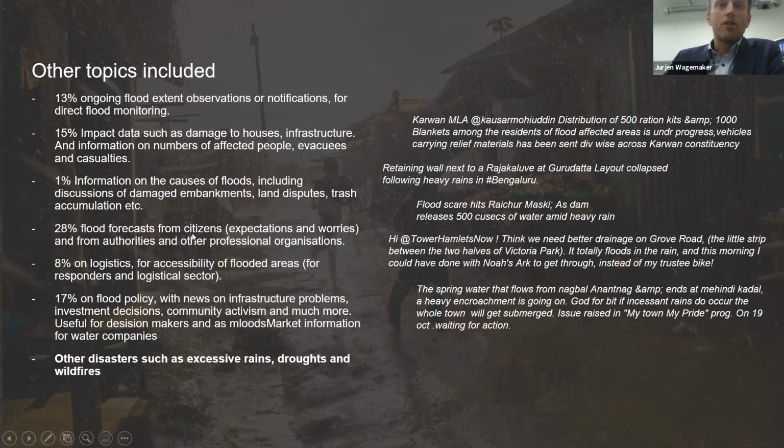There's flood forecasts from citizens, like expectation and worries, and of course from authorities. 8% logistics, and 17% flood policy, that are more discussions on reasons of flooding, like encroachment, like trash, like embankments that are not well designed, etc.